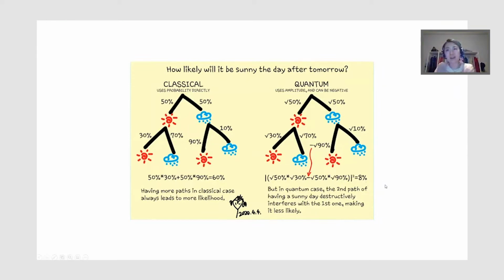This is what happens when you do a measurement on your system: the amplitudes do the constructive and destructive interference that leads to your result.